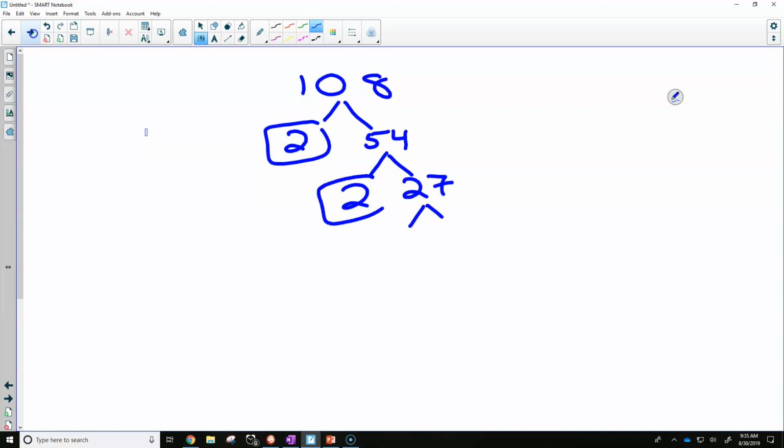Okay, that's prime. 27 divided by 2. Oh, it doesn't work. 27 divided by 3. Ooh, that's 9. 3 is prime. 9 divided by 2. Doesn't work. 9 divided by 3. 3. Ooh, and 3 is prime. I still get the answer. It works awesome. So, you can use your strengths or your weaknesses on this.